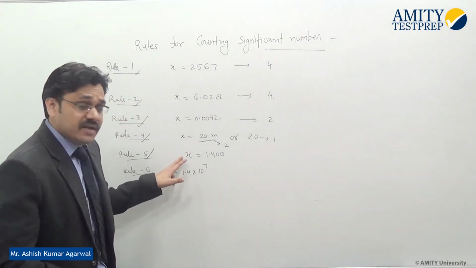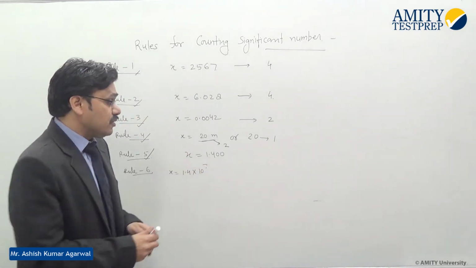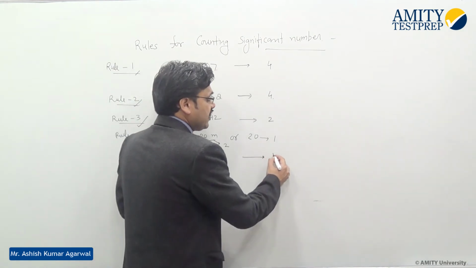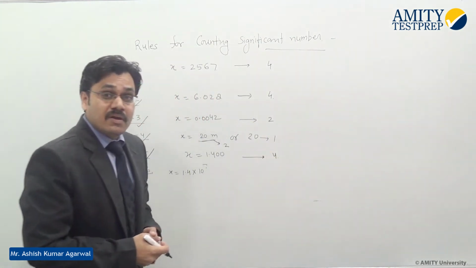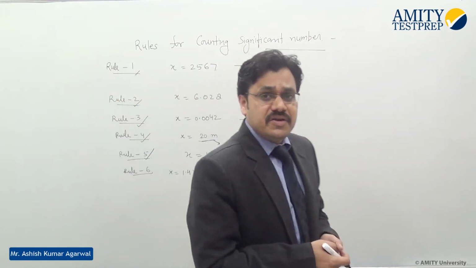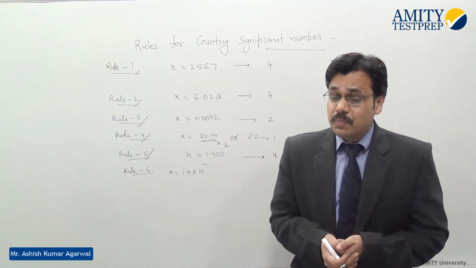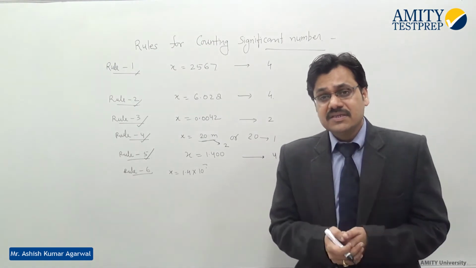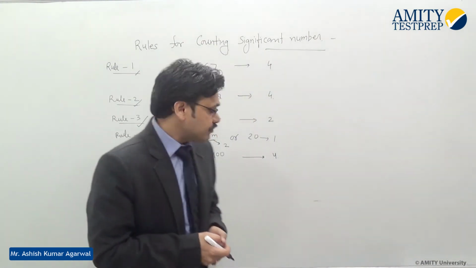So clearly in 1.400 there are 4 significant figures. Taking another example like 2.30, there are 3 significant figures.